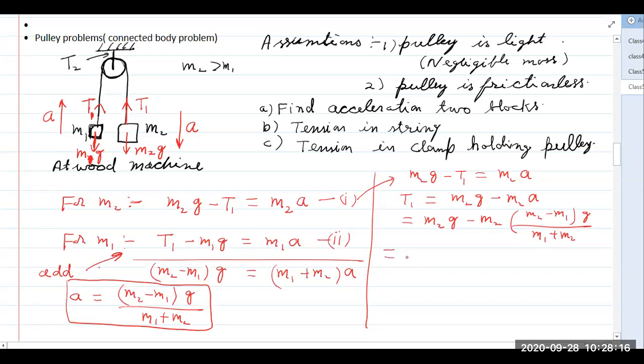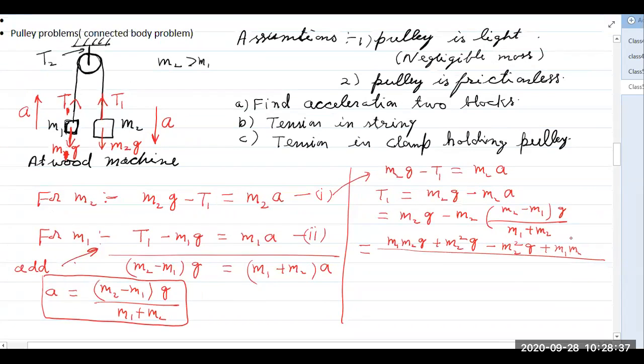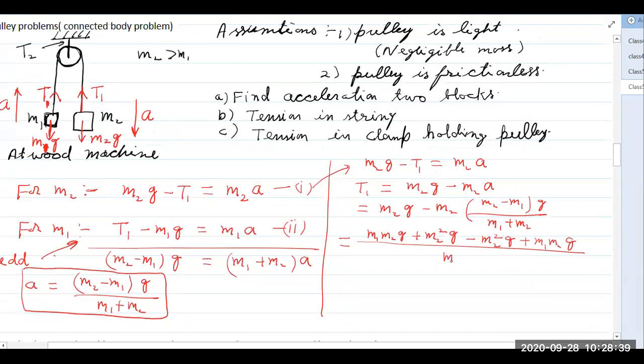If you solve it, what you are going to get is M1 M2 G plus M2 square G minus M2 square G plus M1 M2 G, divided by M1 plus M2.